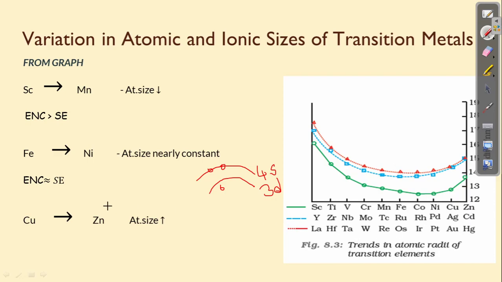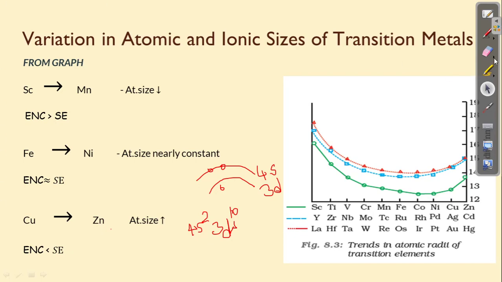For zinc we have 4s2 and 3d10 electrons. So these electrons are completely paired up. Since they are completely paired up, it causes an expansion in the electron cloud, and therefore the screening effect will be greater than the effective nuclear charge, and hence the atomic size increases.